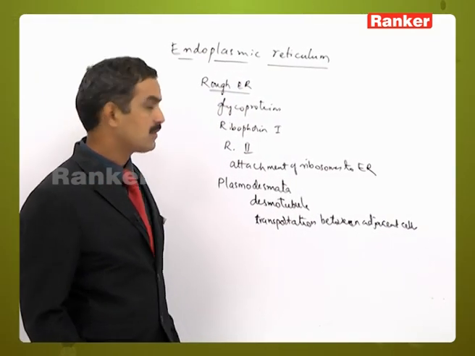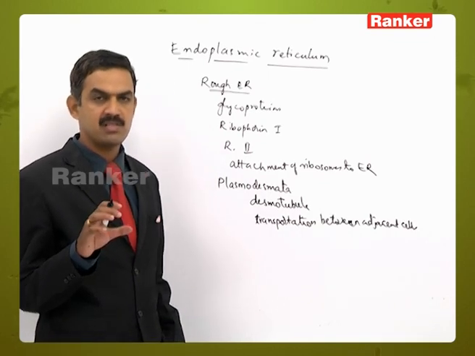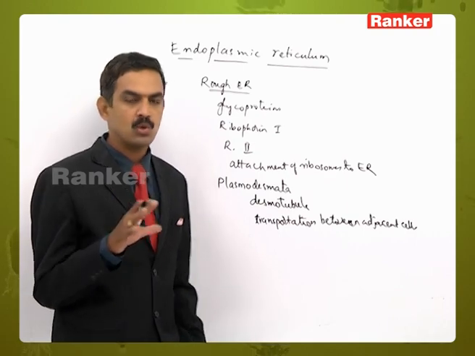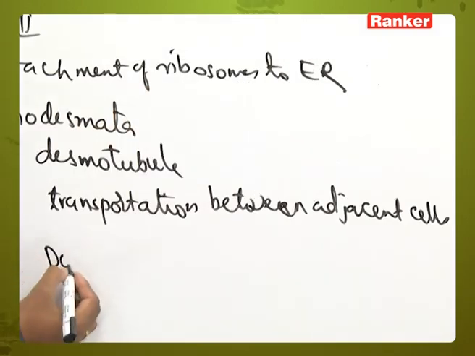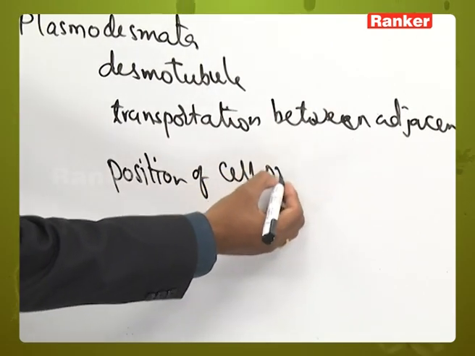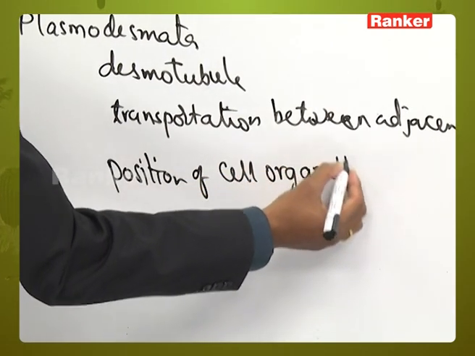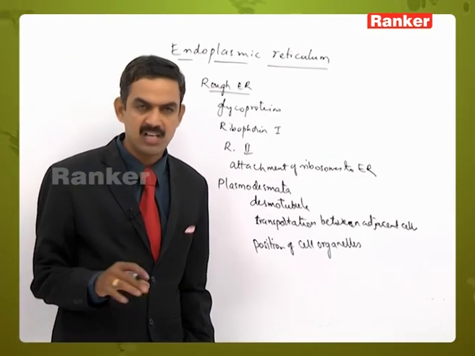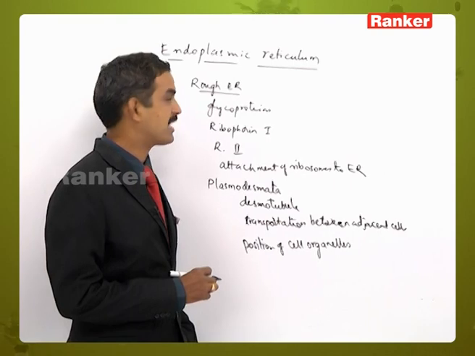And as the endoplasmic reticulum forms a cytoskeleton-like structure inside a cell, it also helps in maintaining the position of cell organelles. The position of the cell organelles remains nearly stable due to the presence of the endoplasmic reticulum.